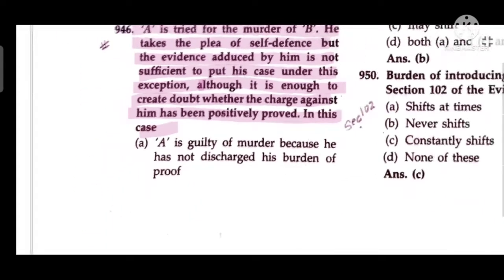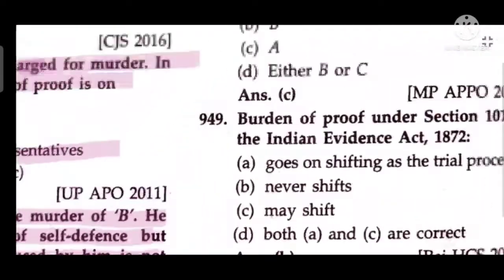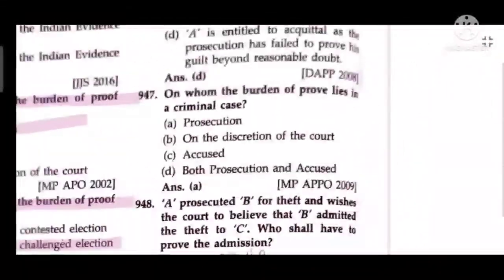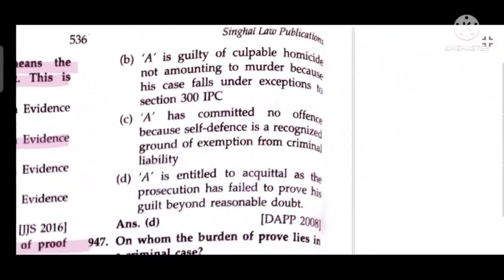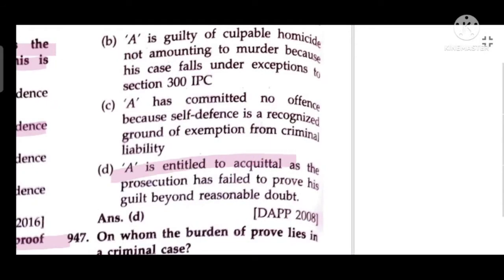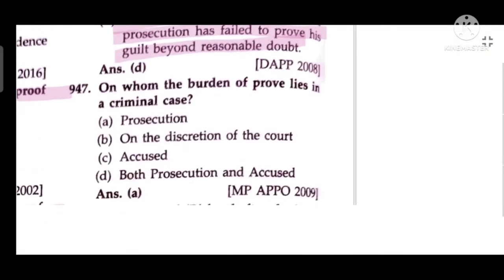In this case, A is entitled to acquittal as the prosecution has failed to prove his guilt beyond reasonable doubt.